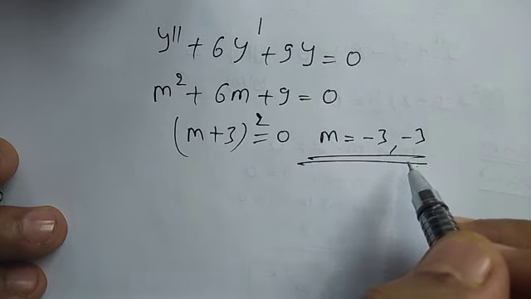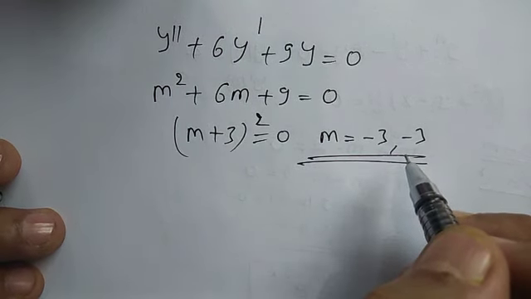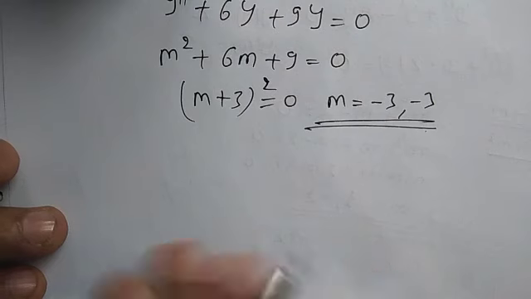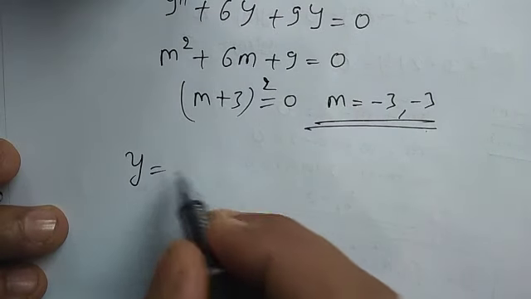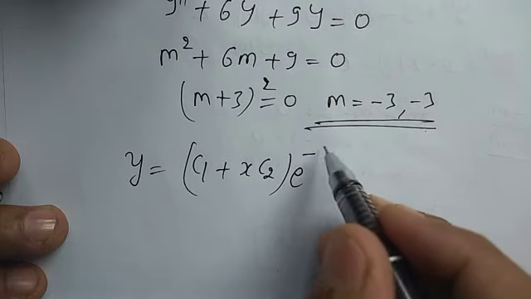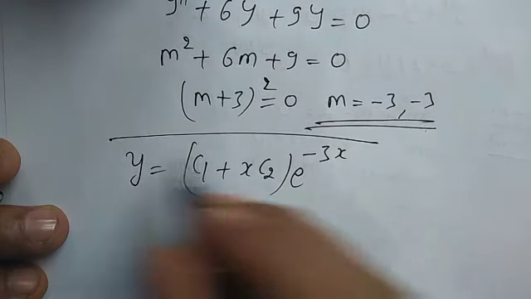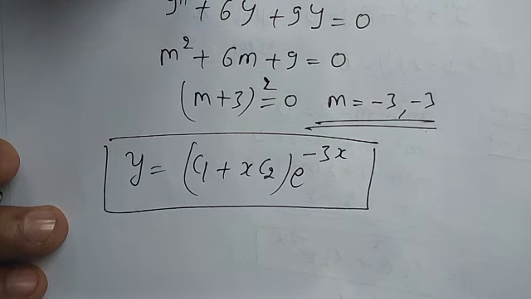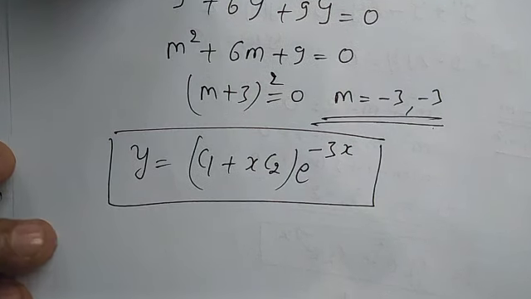These are the roots of the auxiliary equation. Then the general solution y will be (c1 plus x c2) e power minus 3x. So this is the solution for equal roots.